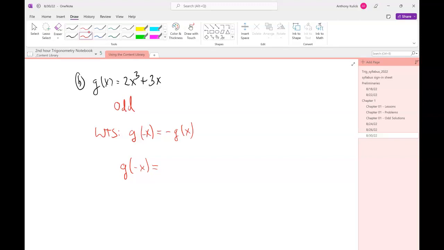All right. So just like the previous one, we need to start with g of negative x. What does that mean? We're just plugging negative x into our function, right?